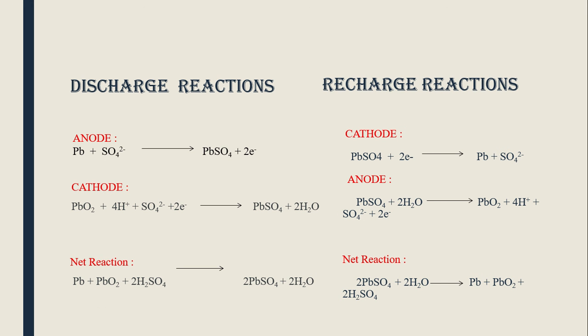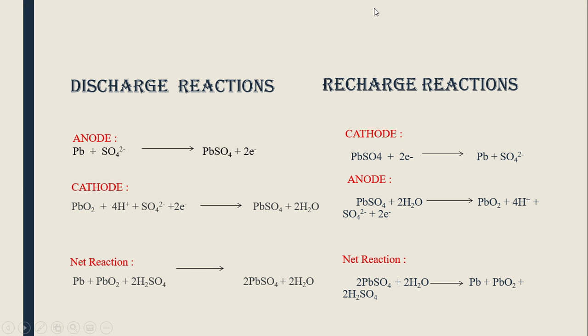During this process, water is consumed and sulfuric acid is produced. So on charging, the electrode materials are converted back to their original forms and the cell once again starts generating electricity.